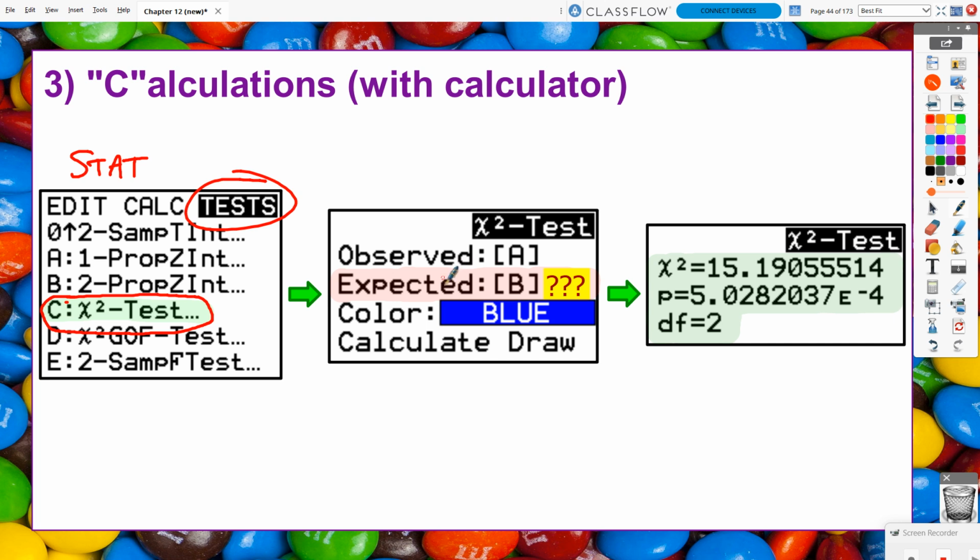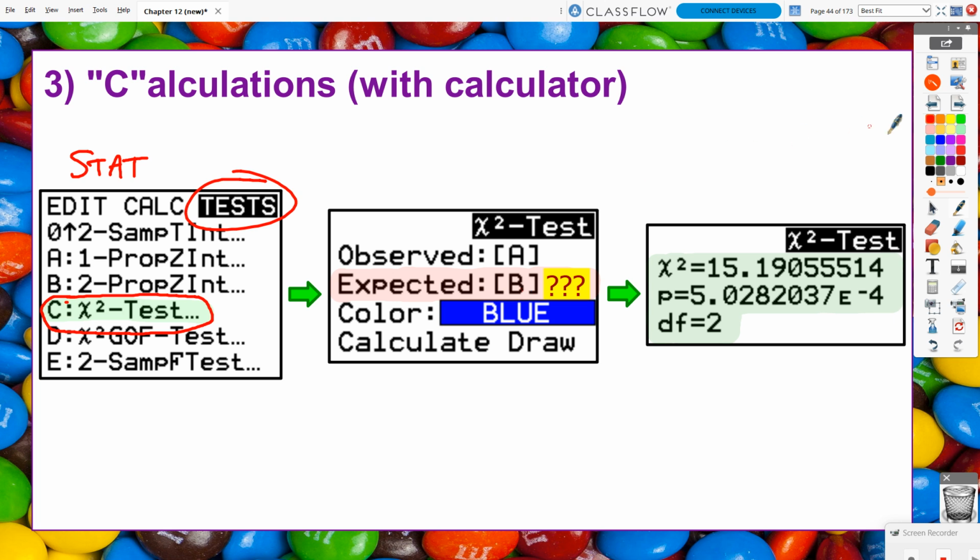Now notice it says expected is matrix B, and we didn't put our expected counts into matrix B. But here's what's nice: the calculator will automatically calculate the expected counts for us and put them into matrix B. So we don't even have to really mess with the expected counts. You might be asking, then why did we calculate them earlier?